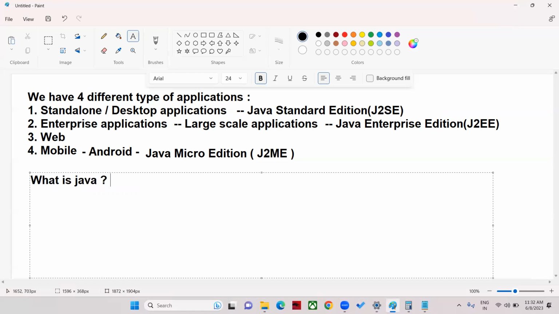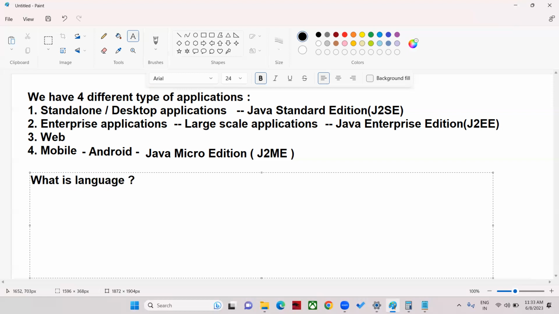What is Java? Before going into that particular thing, let's start with this. What is language?